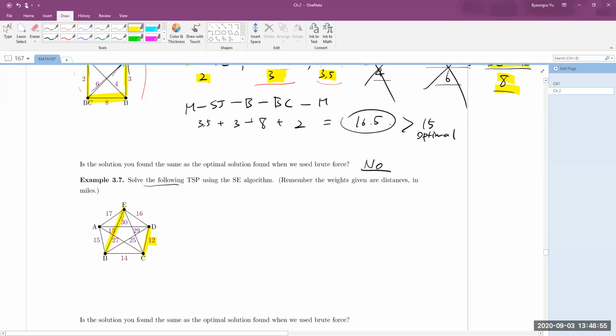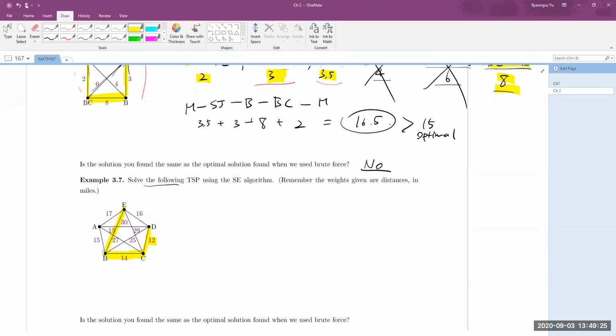Next, the edge is 14, which is from B to C. Adding B to C doesn't cause a circuit or a vertex to have 3 edges, so you can take it. The next smallest edge is from A to B, but you cannot choose A to B, right? Why? Because B is the problem.